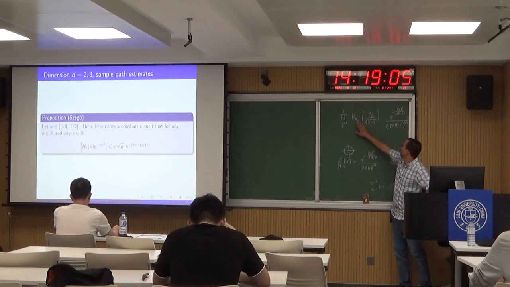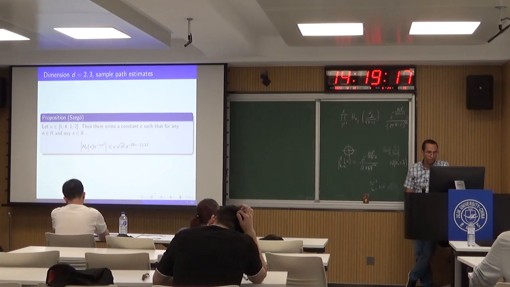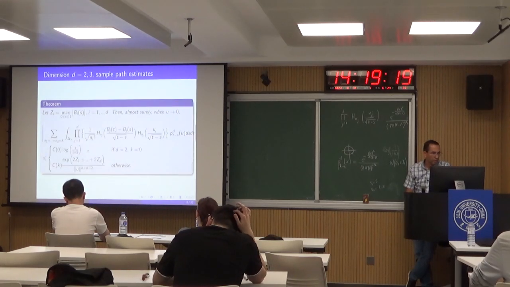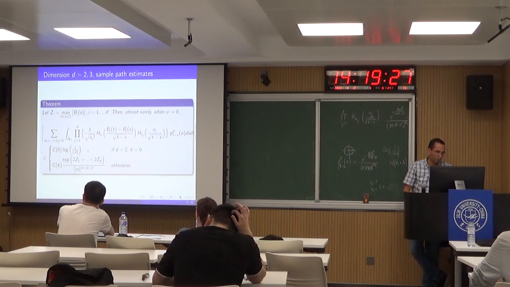Each Hermite polynomial will have one single term from this product, so we can obtain an estimate. Now it remains to combine these estimates, and we can obtain the following result.